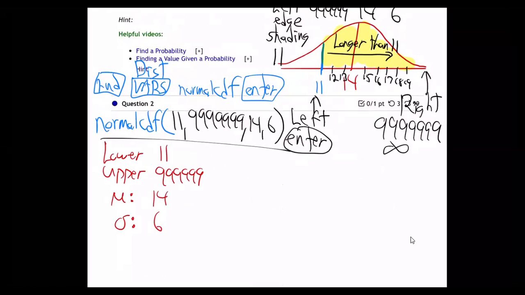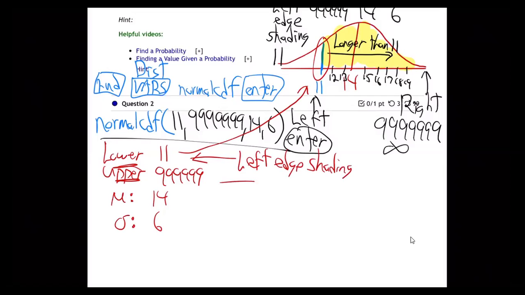Remember, the lower means the left edge of the shading. So it's all about the shading. This is what will really help you fly through all these problems once you get this concept. It's all about that yellow highlighted shaded region. The lower is the left edge of the shading, and the upper is the right edge.